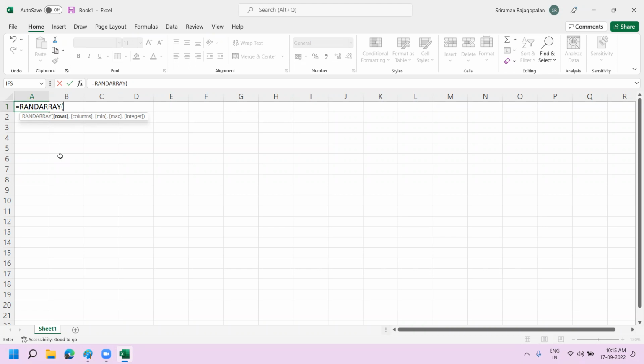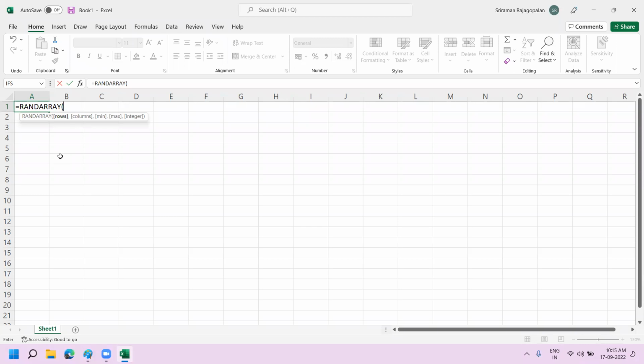Just check if you have this in your Excel formula. You have, okay. Now RANDARRAY will take a couple of parameters. How many rows of data you want, how many columns of data you want, and whether you want integer or non-integer.